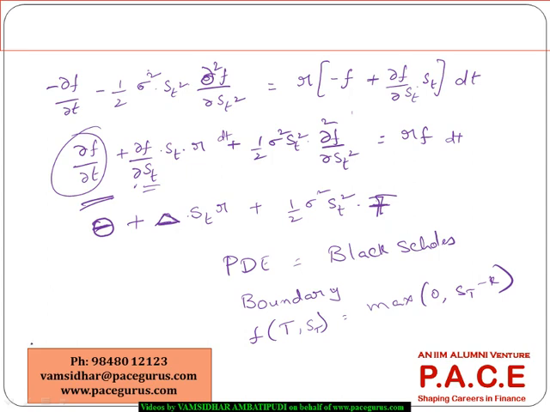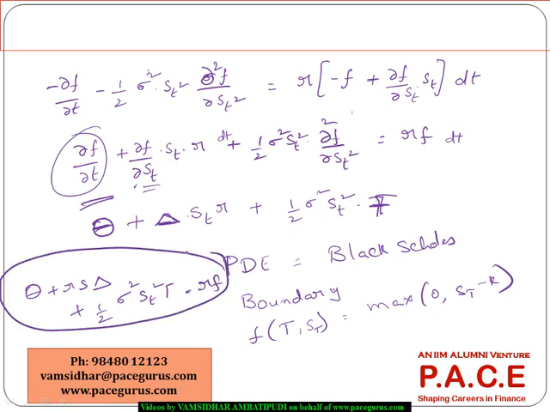So typically we can call it as theta plus rs delta plus half sigma squared st squared gamma is equal to Rf. This is what we typically call as the partial differential equation with respect to the Black-Scholes formula.